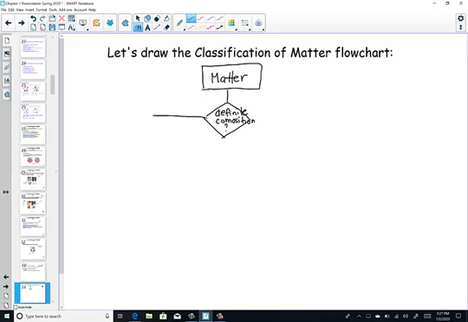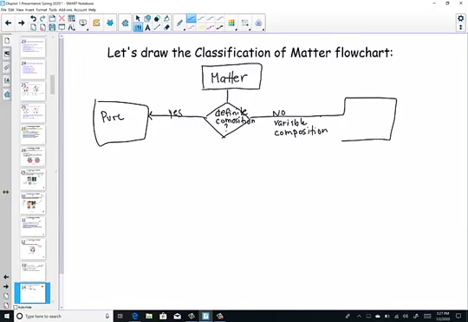If that answer is yes, we know that matter is considered to be pure. And if the answer is no, it must have a variable composition, and therefore it must be a mixture. My pen is writing funny.